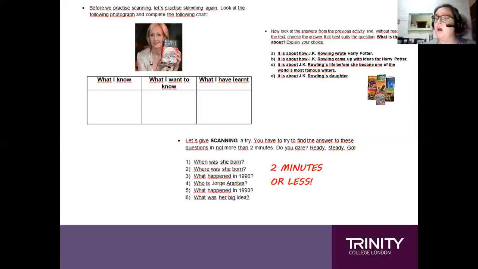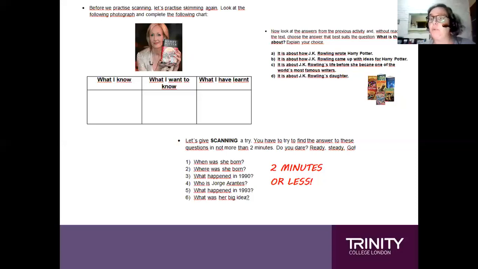What they want to know, because maybe they don't know who she is, they will be making some inferences. Maybe I've never seen her before, but she's holding a Harry Potter book, so maybe she's the author. They will be making inferences. And then there is a third column called What I Have Learned, which is for students to complete after they have read the text.